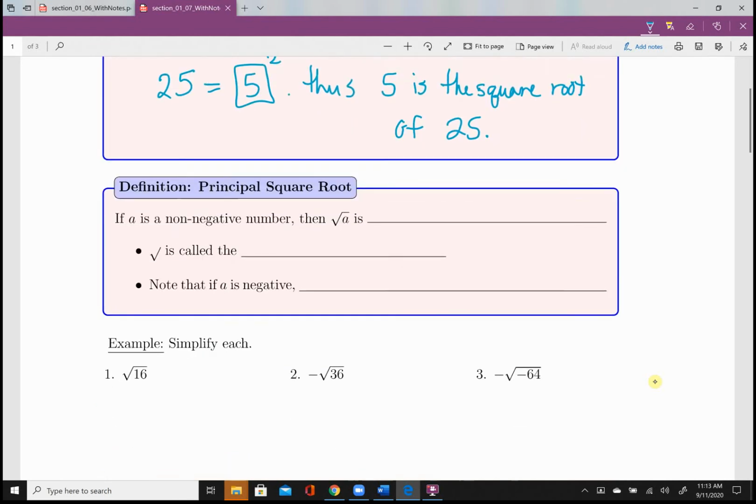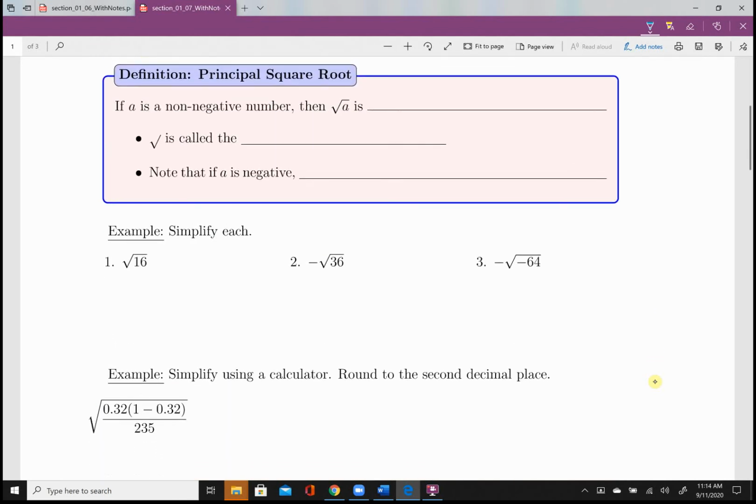All right, moving on to the definition of a particular kind of square root, the principal square root. That is represented by this symbol right here. So I'm going to fill in the blank, principal square root, where this symbol is called the square root symbol.